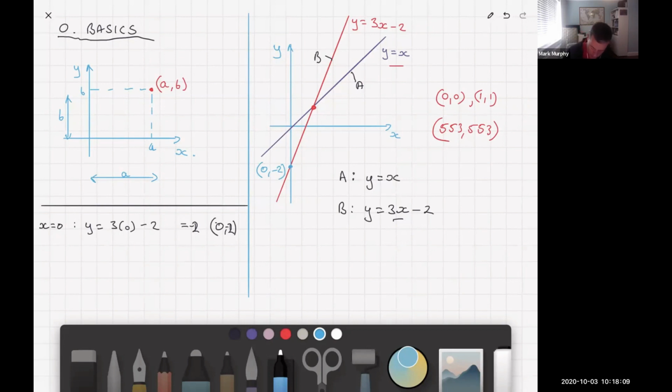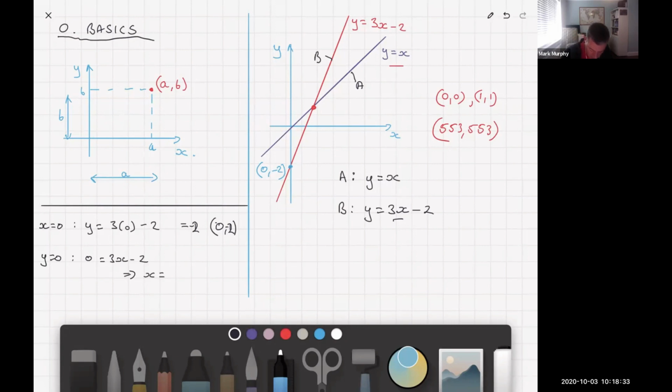Similarly, we can write when y is equal to 0, so that 0 is equal to 3x minus 2. So x is equal to, let me see, a half, is it?